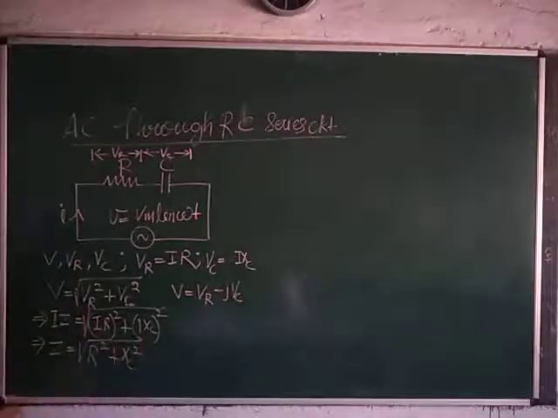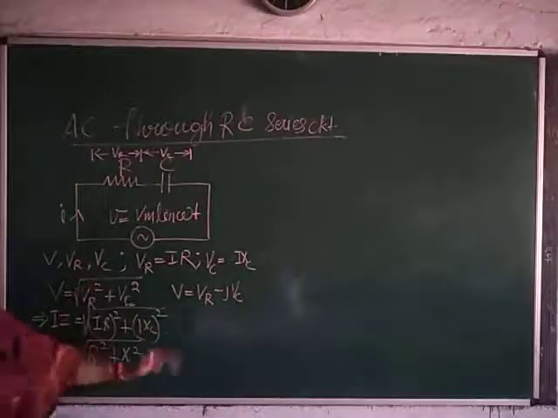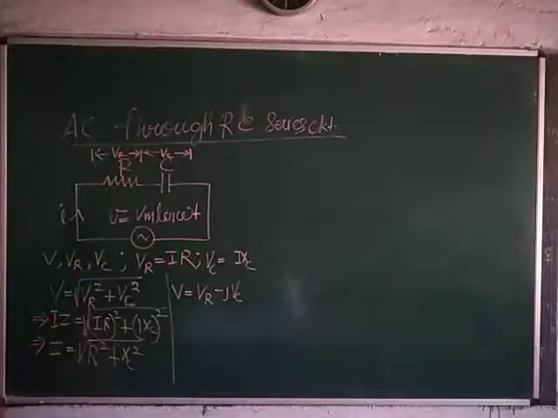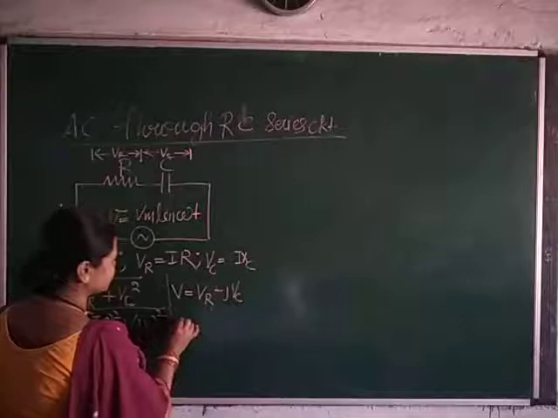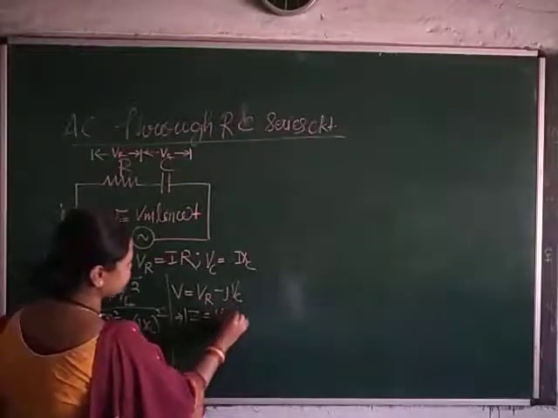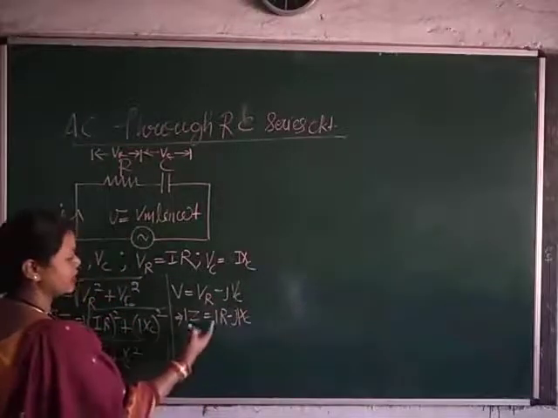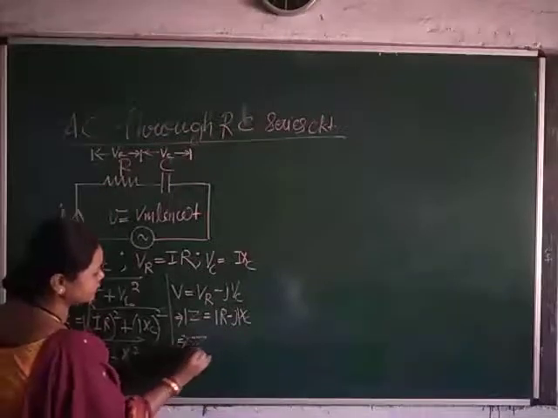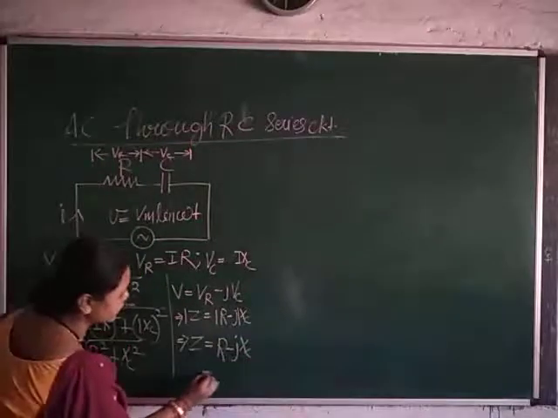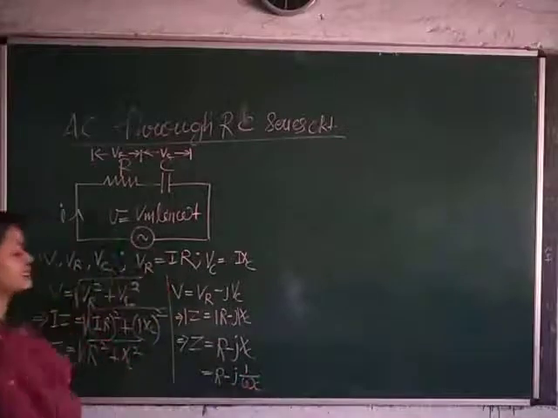Now I solve the same equation in the complex form. By any one method you can solve the equation. It is I into Z equals I into R minus j Xc. I on both sides cancels out, so it gives the total impedance R minus j Xc, or you may write R minus j 1 by omega C.